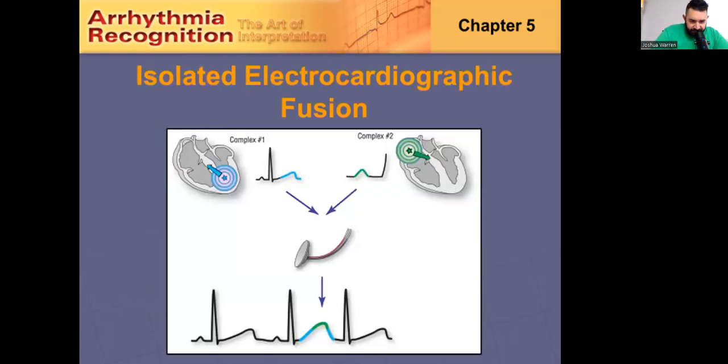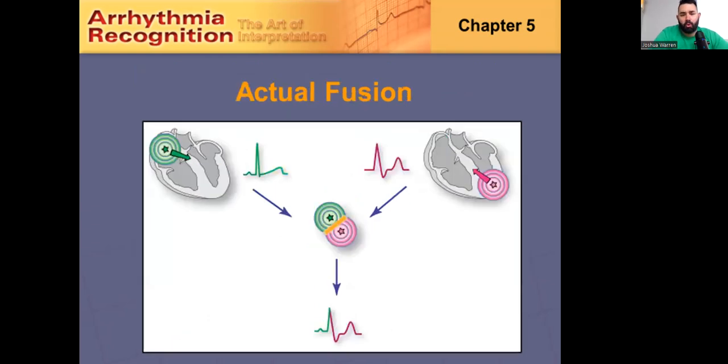So isolated fusion. We've got a normal sinus T wave, but this complex right here was a premature beat, right? So what happened? The T and the P became Gogeta. One time and one time only. It was just isolated. But when there's actual fusion, two whole rhythms have actually merged.